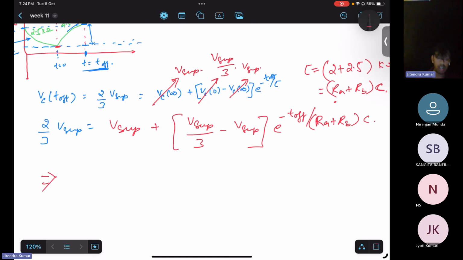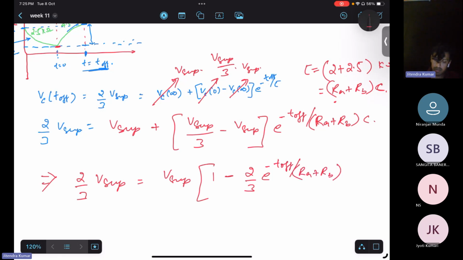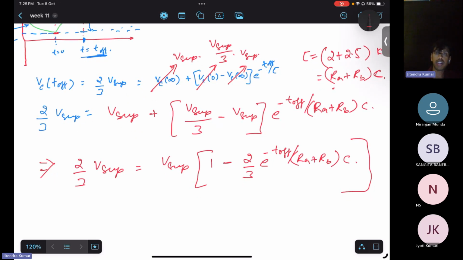If there is any doubt, just ping me. Okay, nice. So now I am simplifying it. 2 by 3 V supply, 1 minus 2 by 3 e raised to power minus T of divided by Ra plus Rb into C. Okay, I hope it is fine.